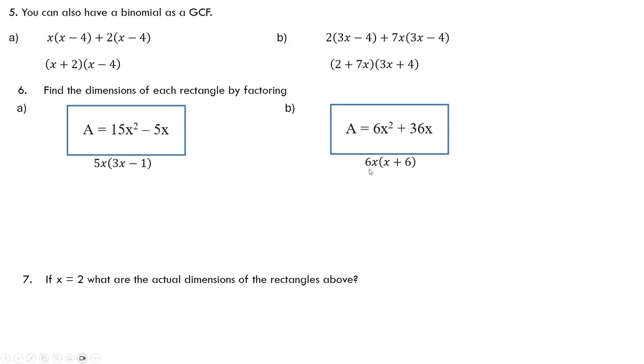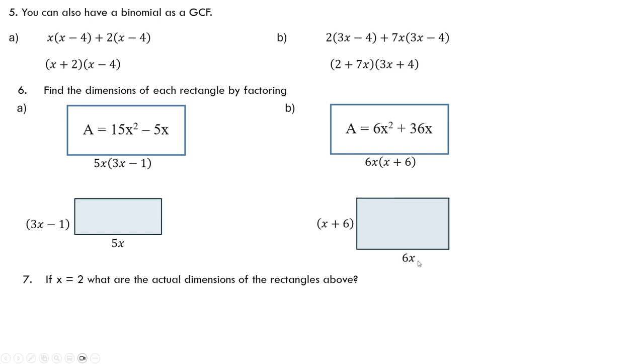The larger value, 6x, becomes our length. The smaller value becomes our width. And we can draw these diagrams here just to represent our length and our width. Over here, 6x is our length, x plus 6 is our width.